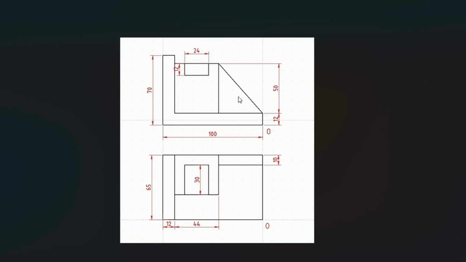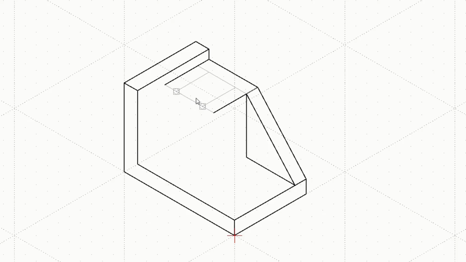But the depth of it is 12 mm, so let's construct the depth first. For that, we need this line and this line parallel, or downward, by 12 mm. Okay, so this line is parallel to it.